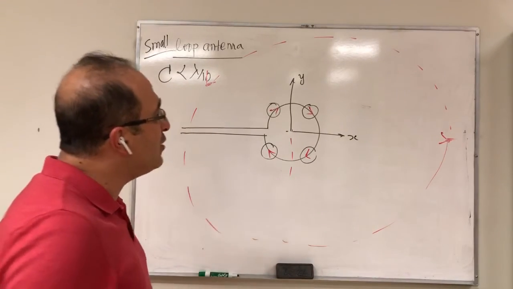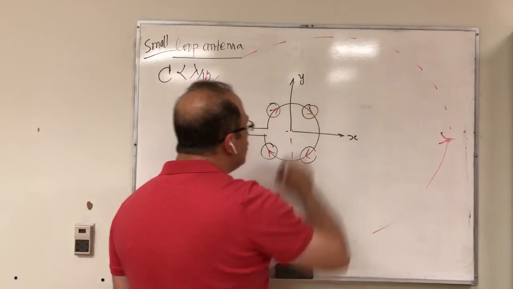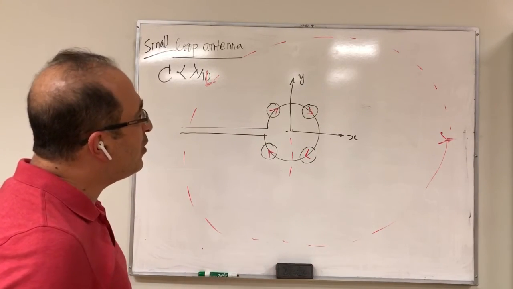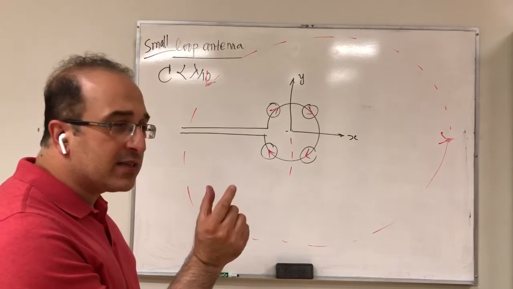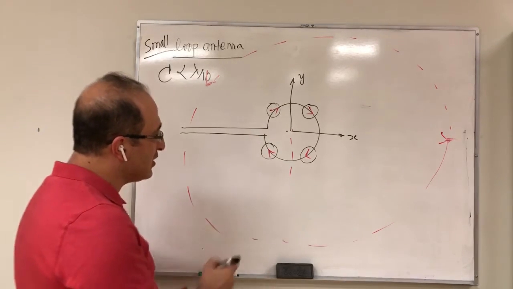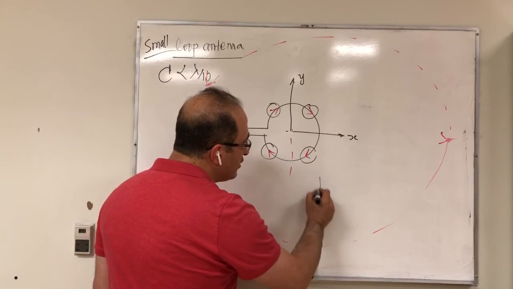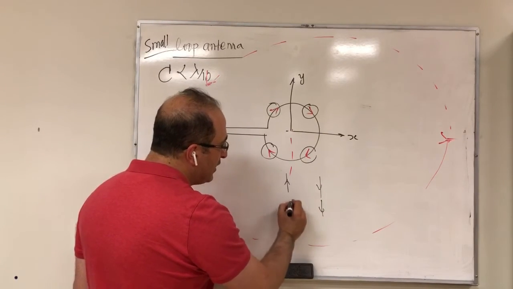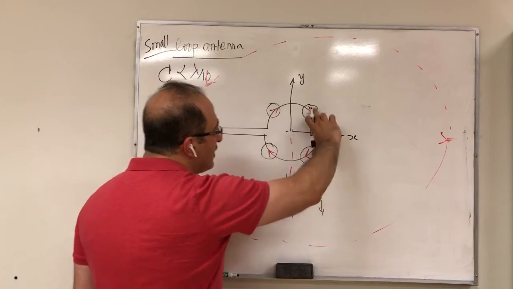What you could argue is that you could see two dipole antennas, but these two dipole antennas are separated a little bit from each other. So you see one dipole here, and you see another dipole here. So this dipole and this dipole.